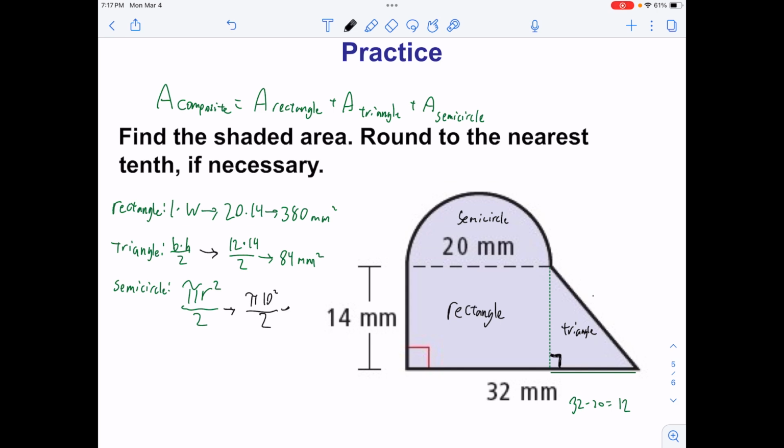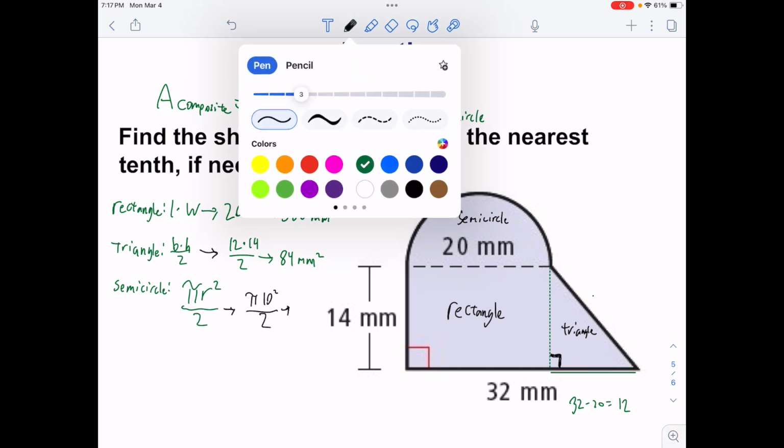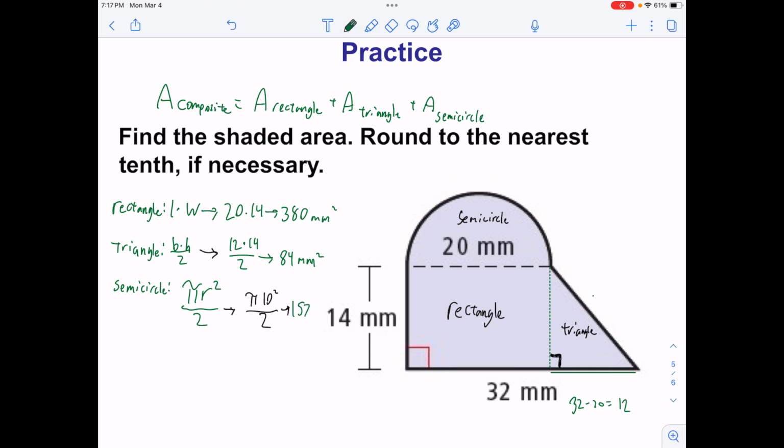So this will be in the calculator. I'm going to need my calculator's pi for this. 10 squared, so 100 times pi, and divide that by 2 to get approximately 157.0796, and I'm going to round this at the very end.